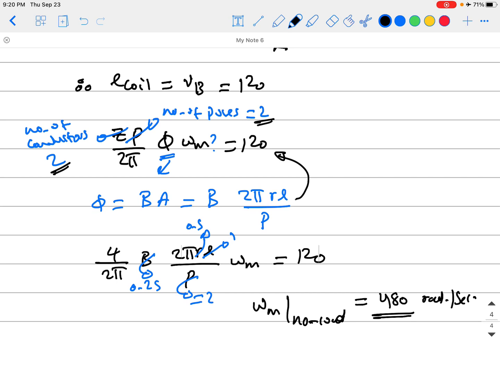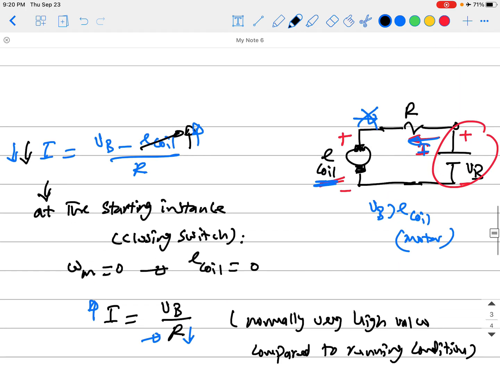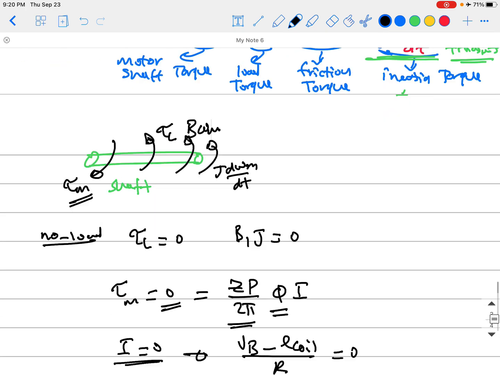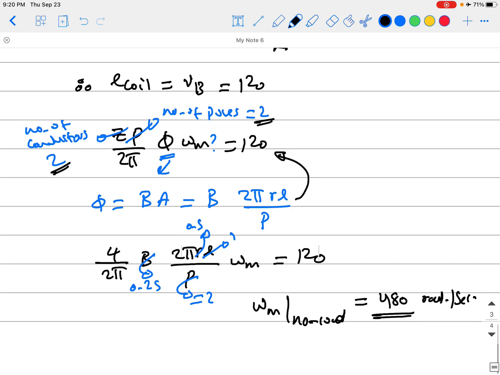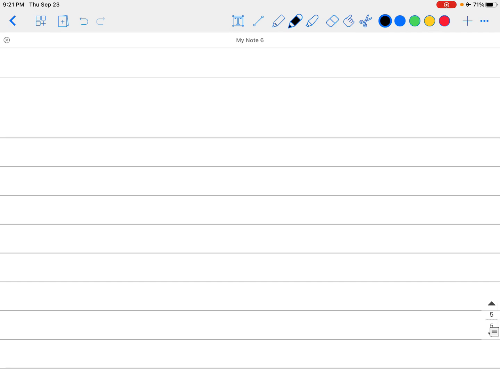We want some sort of mathematical modeling to predict the machine performance. And we are able to predict it just by modeling it, using equations and an equivalent electric circuit like this. That's what I mean by modeling. Now we are able to predict the performance of the machine without sacrificing the machine itself. Okay, guys?